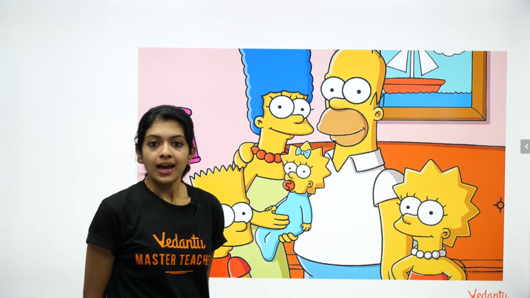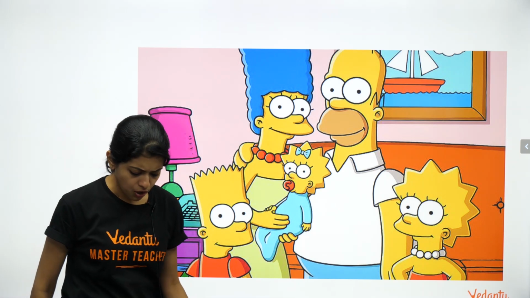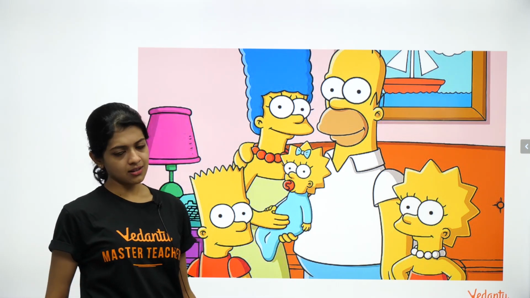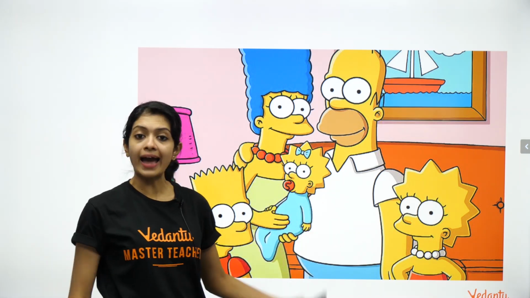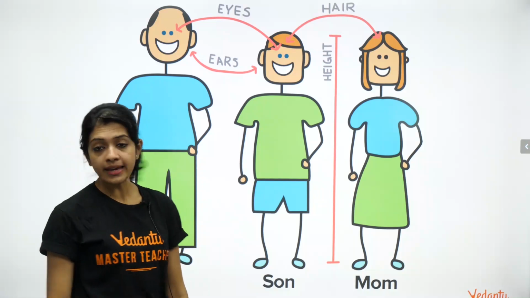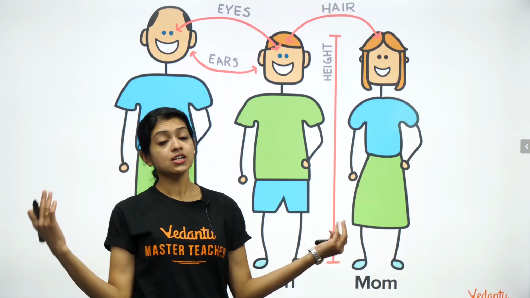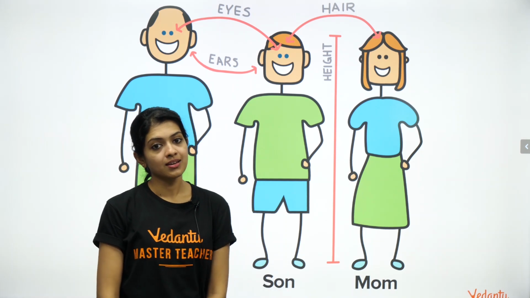Now, coming back to this family picture. Can you think of any reason why the children look a little different from each other and a little different from their parents? And this boy here, why is it that he has a combination of characters of his dad and his mom?